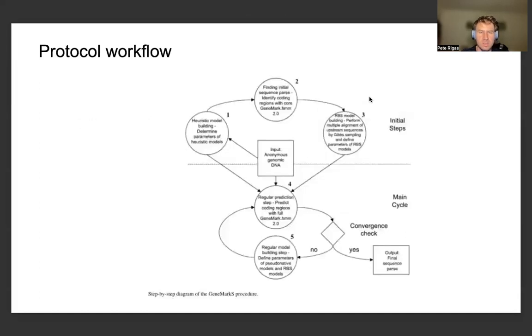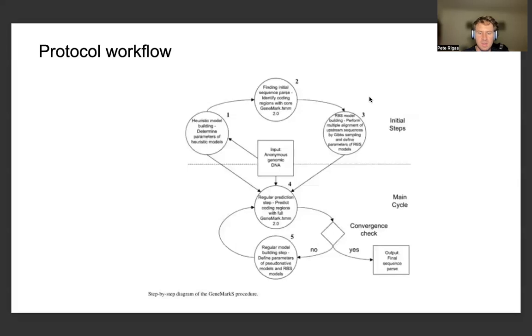And just very briefly to describe the protocol workflow, I described this in another video that I have on my channel, in which I described how one can make use of GeneMarkS through the online resource that they have to predict different types of genes.